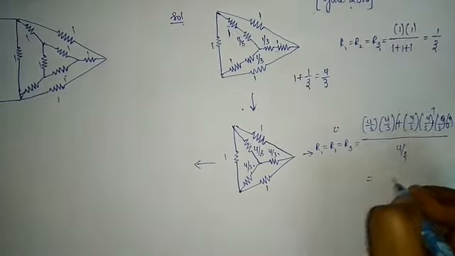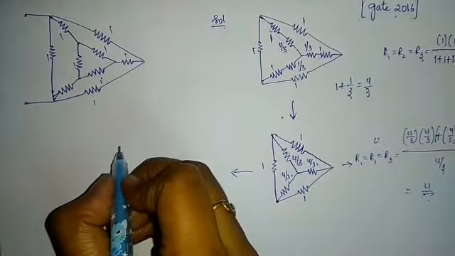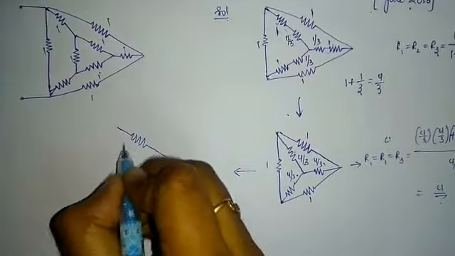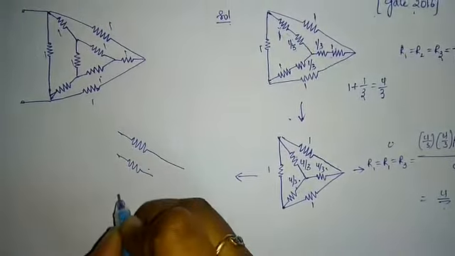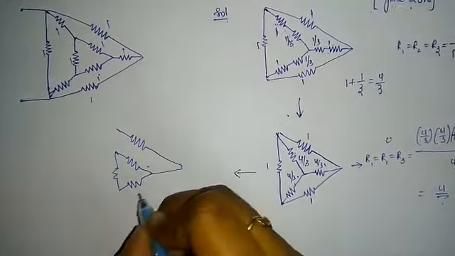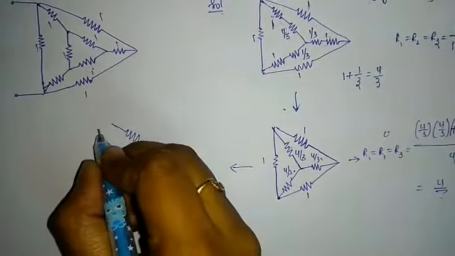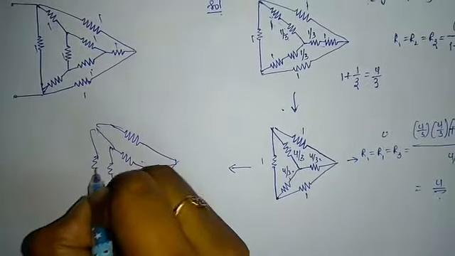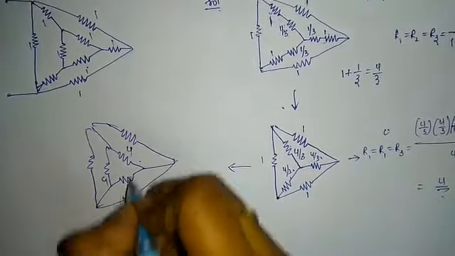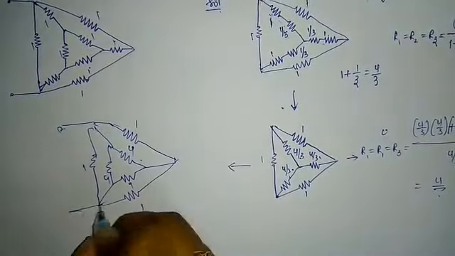By solving all this we will get 4, and the next network will be in the form of like this. These values are 4, this is 1, this is A and this is B.